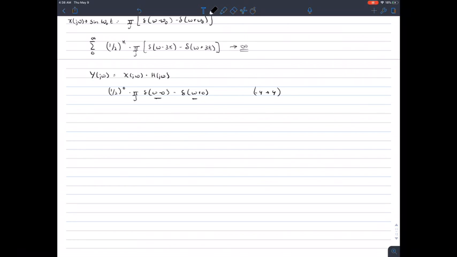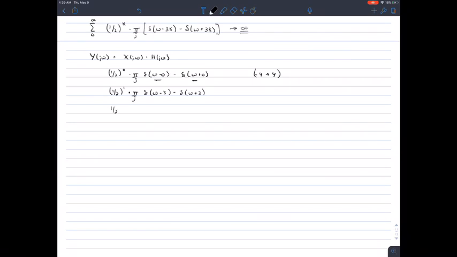Okay, 1/2 to the 1 times pi over j, delta of omega minus, so 3 times 1 is going to be 3, minus delta of omega plus 3. Okay, and as you can see here, this next value is going to be 1/2 squared times pi over j times delta of omega, so it's going to be 3 times 2, which is going to be 6.